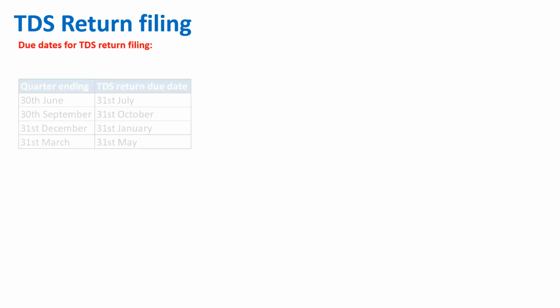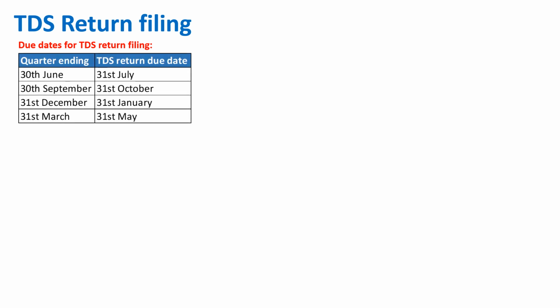Now, there are certain due dates by which you have to file this TDS return. For the quarter ending 30th June, whatever tax you have remitted, the details of the PAN number, the invoice amount, everything has to be submitted to the government before 31st July.